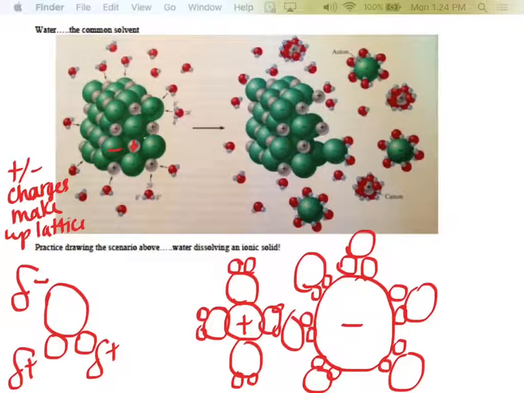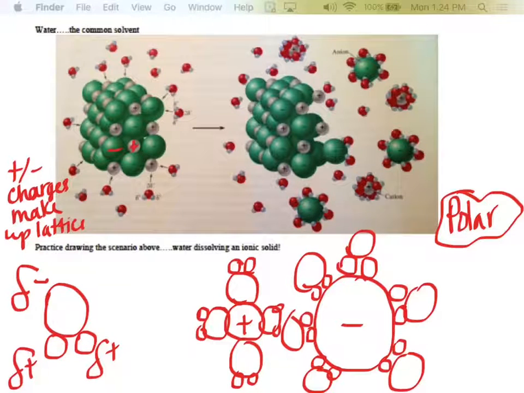Now what if it was a polar molecule? Somebody remind me, what is a polar molecule? It's bent, okay. So it has an area where one's more positive and one's more negative.